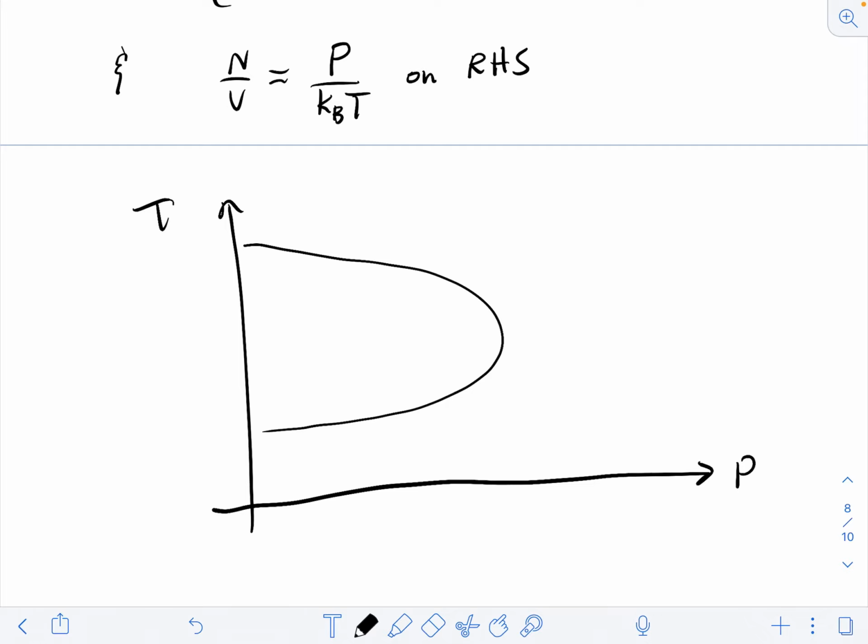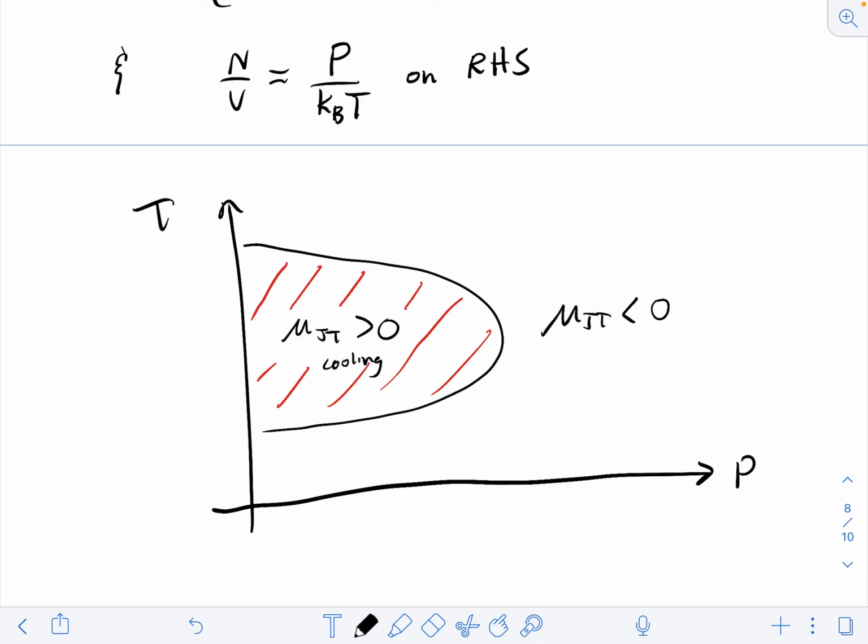Inside this bubble, the Joule-Thomson coefficient is positive, and you're going to get cooling. But everywhere outside the bubble, you'll find a negative coefficient, and correspondingly, the gas will heat.